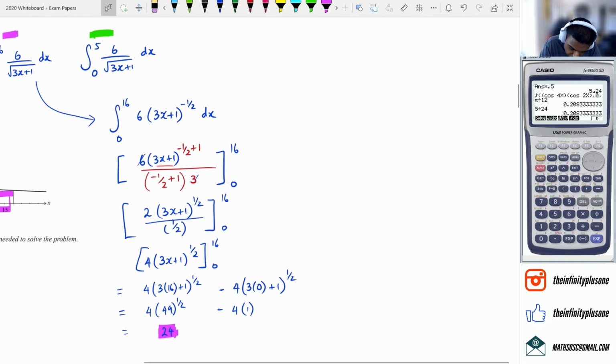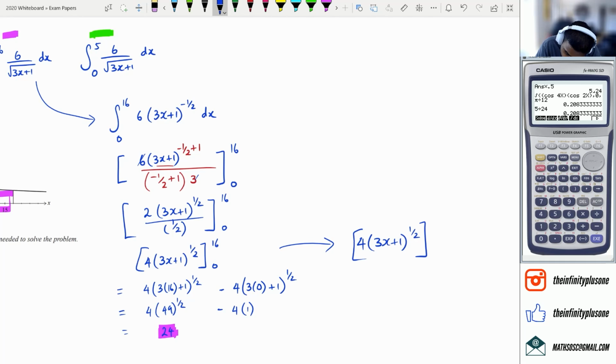Now I need to do the green area, but because they're the same equations, I literally just need to go from here, and I'm going to write this as 3x plus 1 to the power of half, between 5 and 0.